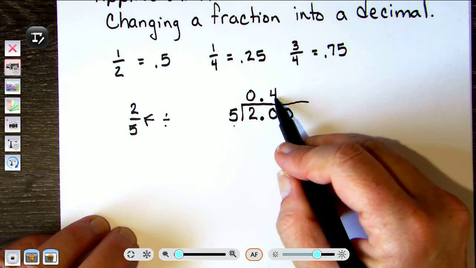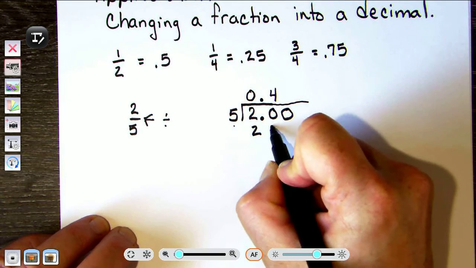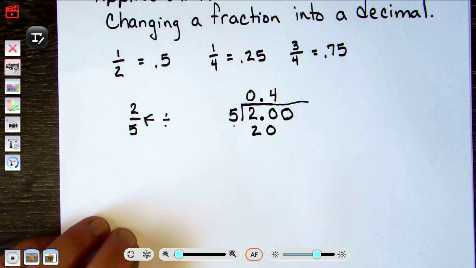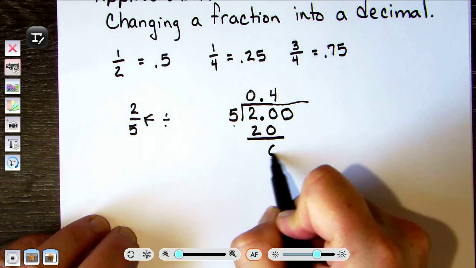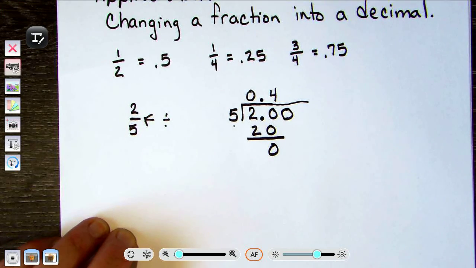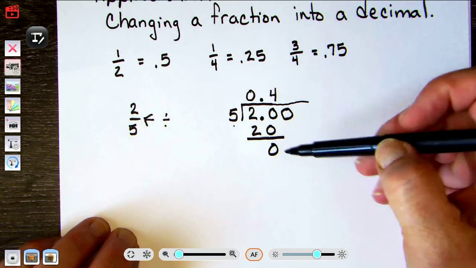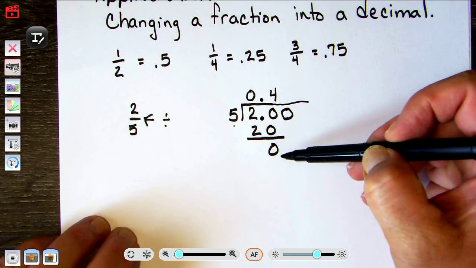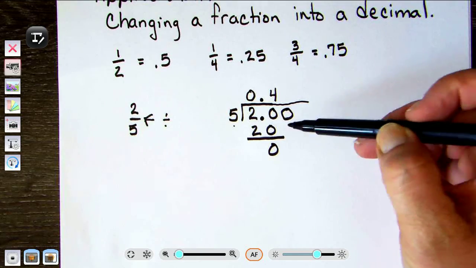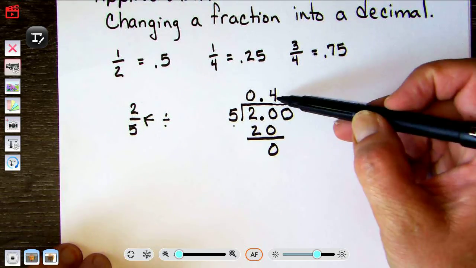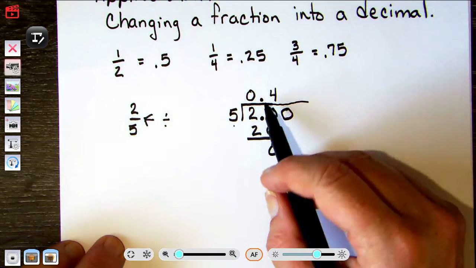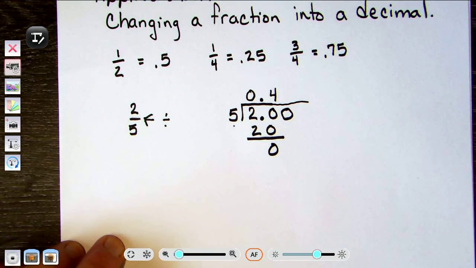And 5 times 4 is 20, so we ignore that decimal. The decimal is only there to help us get the answers. And we subtract and get 0. So 2/5, I can stop here since I have nothing as a remainder and I have no more non-zero digits. 2/5 is the same as 0.4 or 4/10.